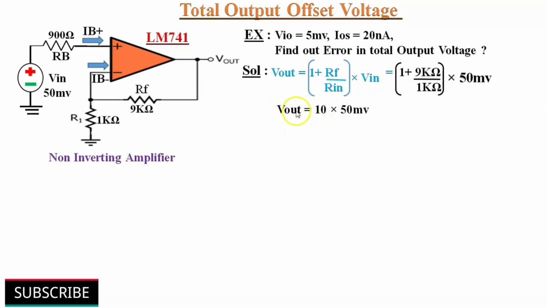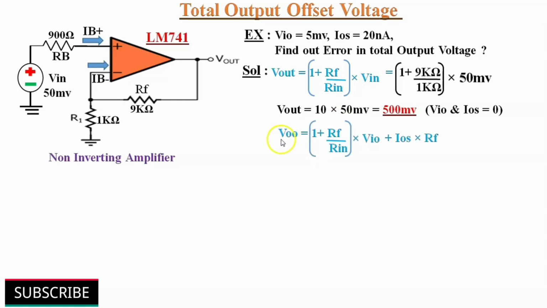So 1 plus 9 kilo ohm divided by 1 kilo ohm is equal to 10, into 50 millivolt input. That gives 500 millivolt output. This is the output if there is no input offset voltage or input offset current, that is, both VIO and IOS are equal to 0.